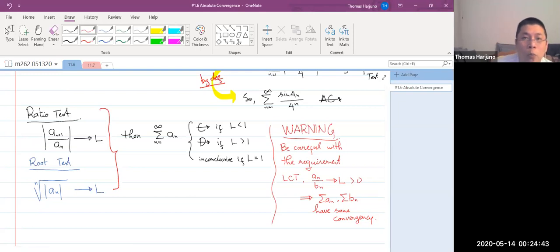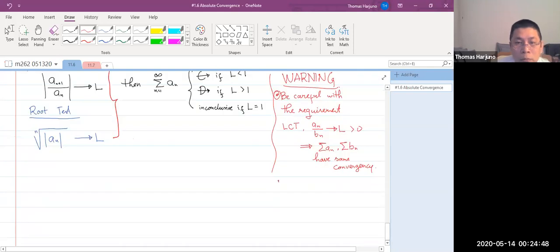Now, furthermore, if the ratio test gives L equal to 1, which is inconclusive, then the root test will also give L equal to 1, which is also inconclusive.